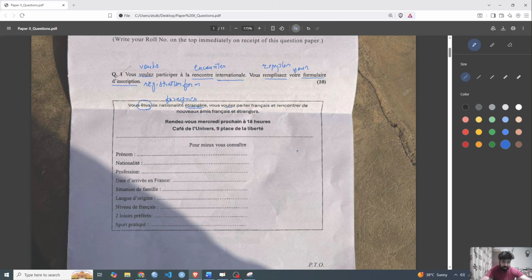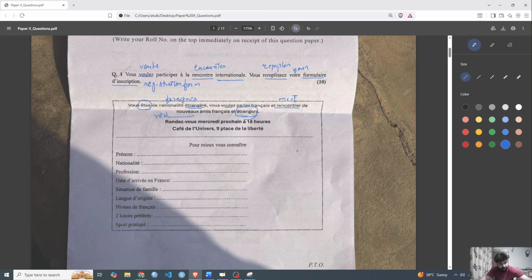Parler français, you want to speak French, and rencontrer, I can say meet or encounter the new friends. So nouveau is basically new, and ami is friend. So new friends, Français and étrangers means again the foreigners. So basically, you are a foreigner and you want to actually learn to speak French and meet new people, make them friends who are actually Français, that means French citizens, as well as the strangers. So basically, those who are actually learning French, like we all guys.